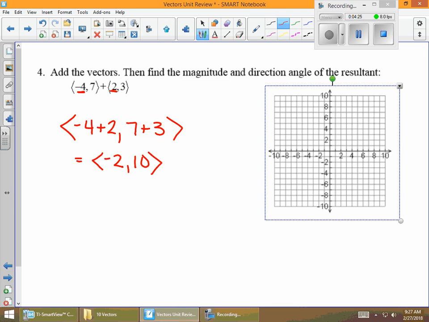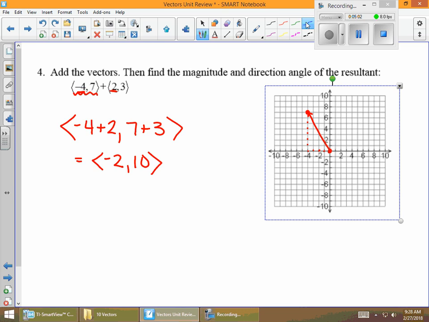Now to show that on the graph, I like to start at the origin. I'm going to do this first vector first, negative 4, 7. My horizontal component is negative 4, so I'm going to go 4 in the negative direction. My vertical component is 7. And pretend like that's a straight line there. Then I'm going to do the head to tail method.